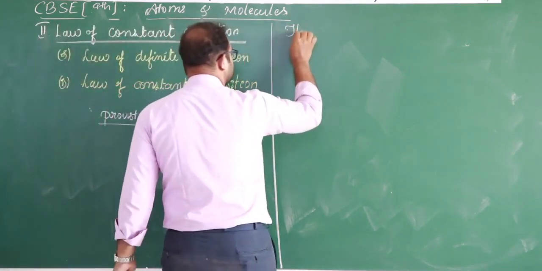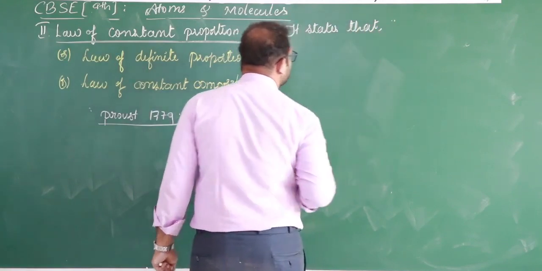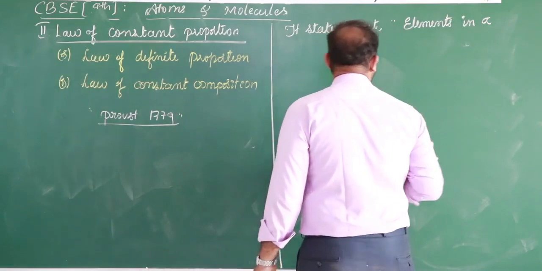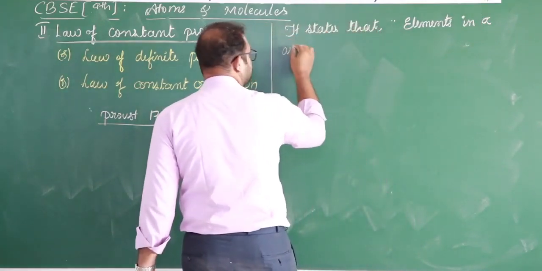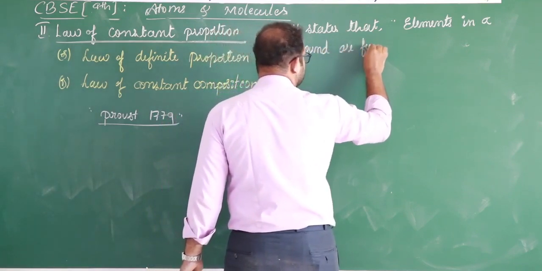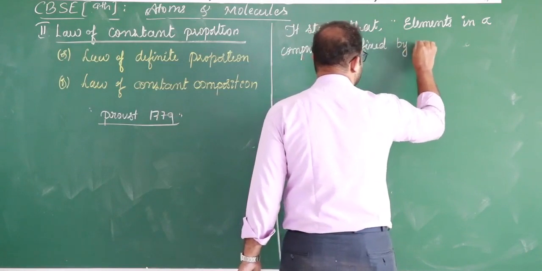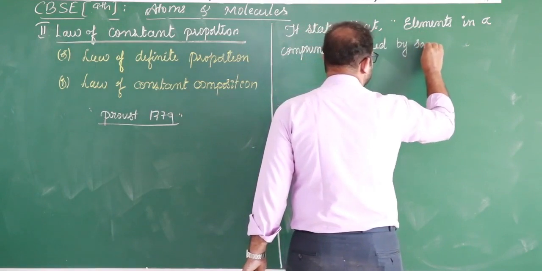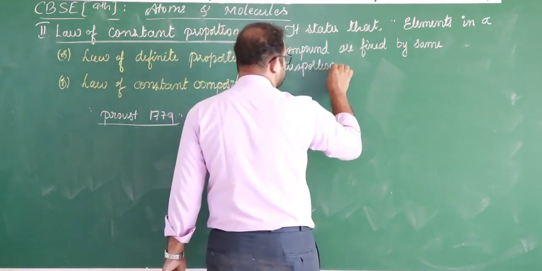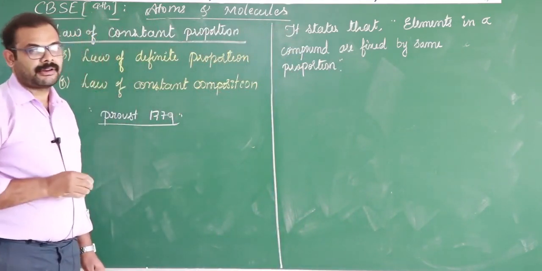It states that elements in a compound are fixed by the same proportion of mass. Same proportion means that the elements in a compound have a fixed number of elements.